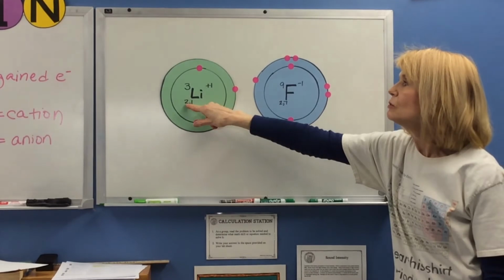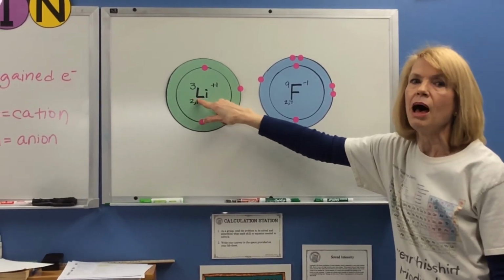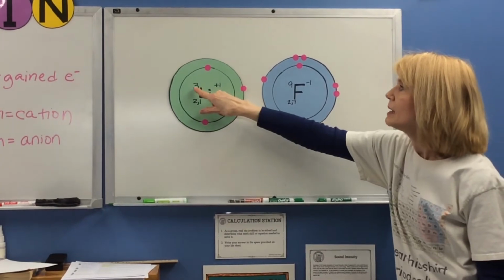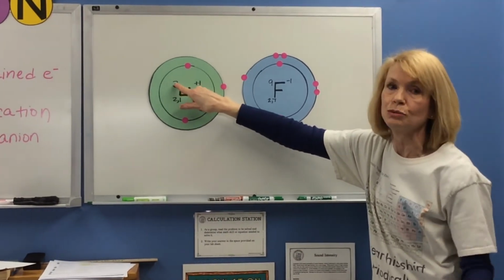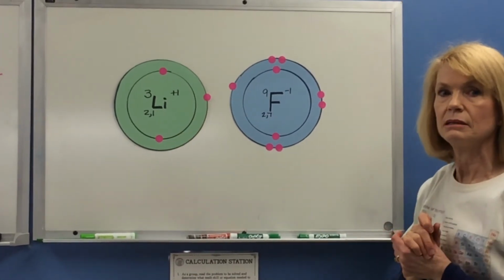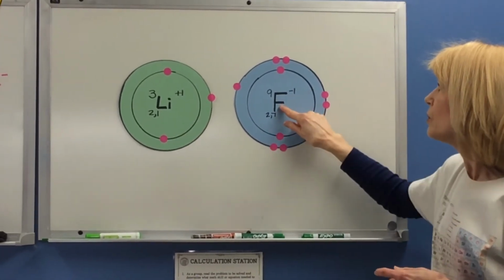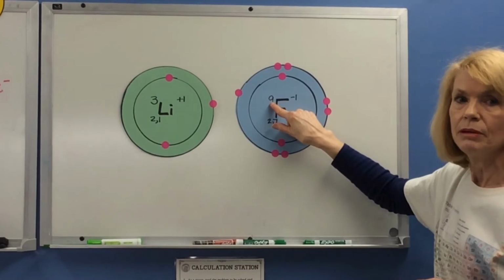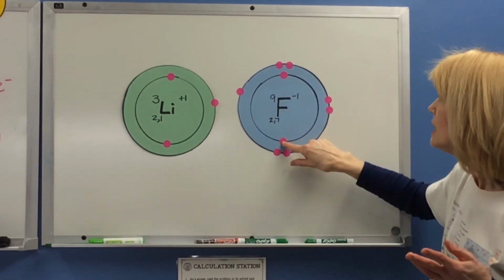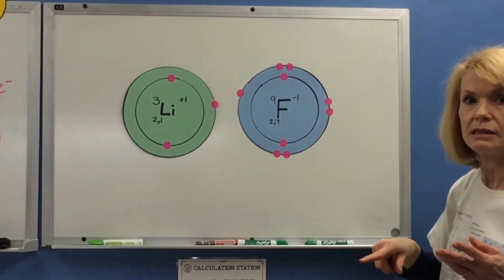I've got the electron configuration in the bottom left-hand corner. So lithium has an atomic number of 3. It has 3 protons. It also has 3 electrons. Fluorine has an atomic number of 9. It has 9 protons. It also has 9 electrons.